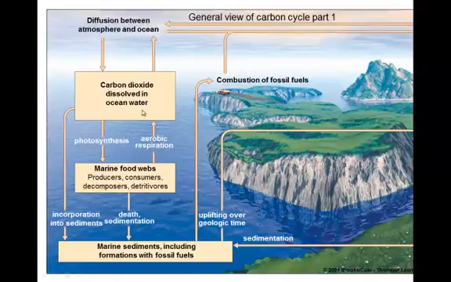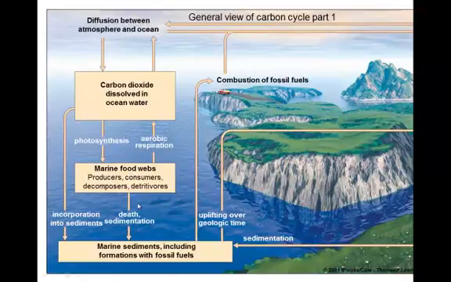Some of that carbon dioxide in ocean water can be used by plankton and algae to photosynthesize. So we have photosynthesis and aerobic respiration. The respiration of those algae and also of the consumers, the heterotrophs, will put carbon dioxide into the air. But of course, all the marine food webs are involved in these two processes.